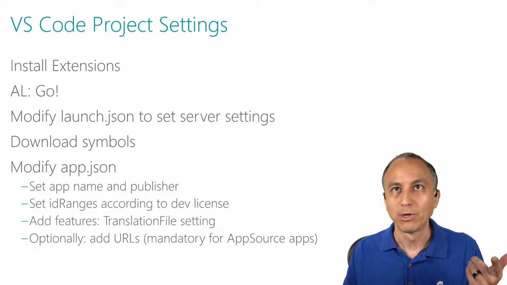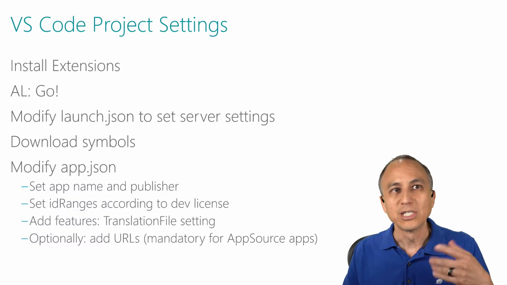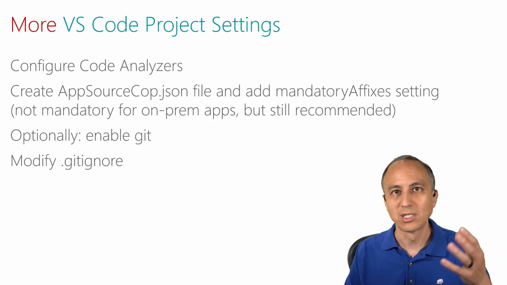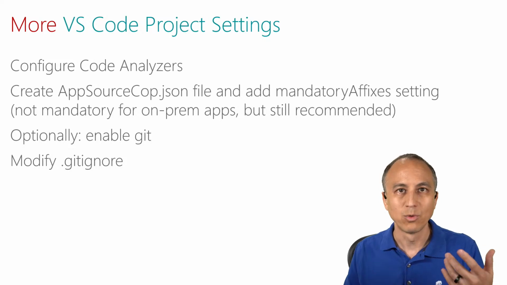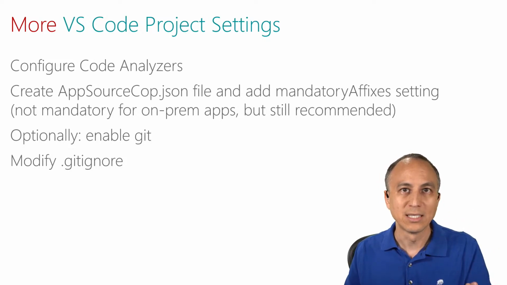Just create a bunch of new projects, modifying your launch.json, downloading symbols, doing app.json. Just get familiar with that project with throwaway projects so that it's not this stressful process where you need to try to figure out what everything means. Do that a few dozen times.